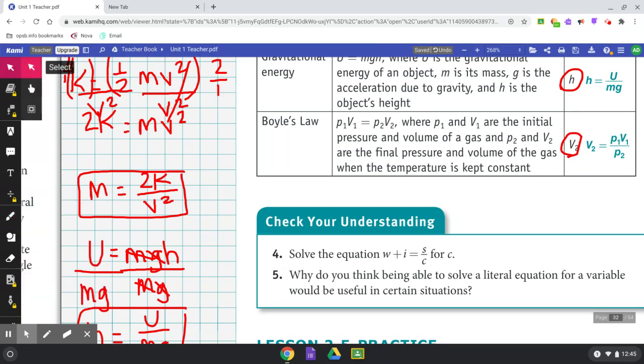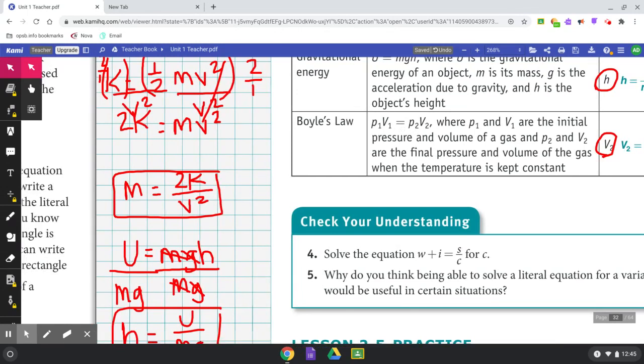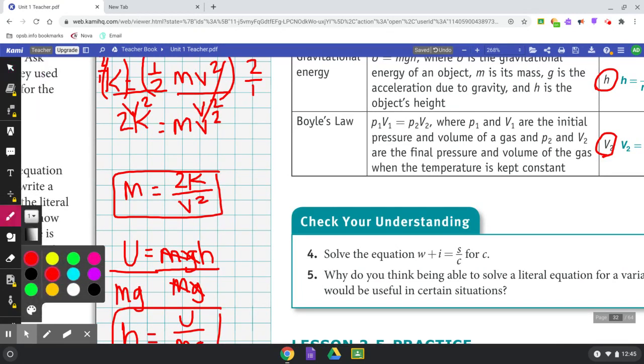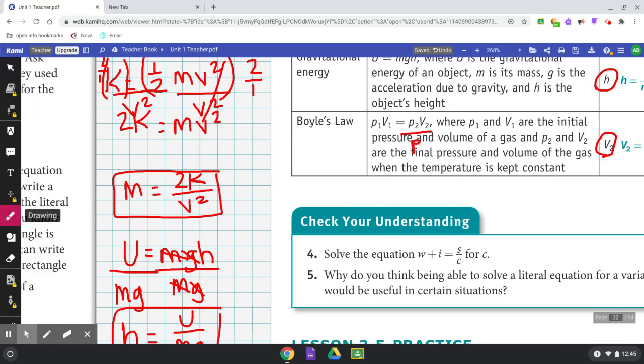This one's super easy. I've got P1 V1 equals P2 V2, and I want to isolate V2. If I divide both sides by P2, I'm left with V2 equals P1 V1 divided by P2. Okay?